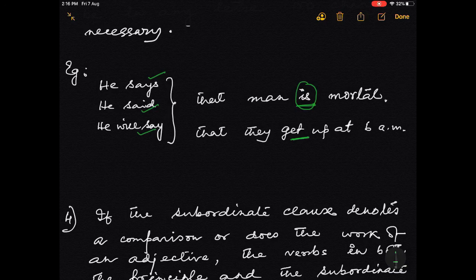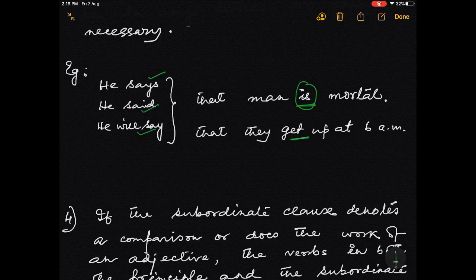Or if the subordinate clause is the expression of a universal truth or a habitual action, no need of changing the verb in that subordinate clause.